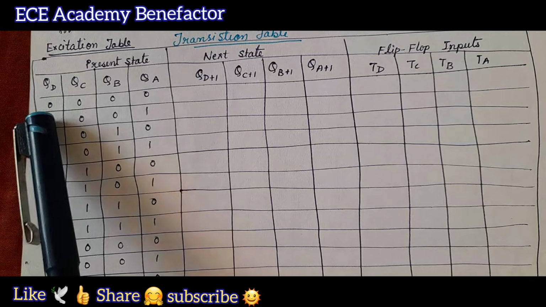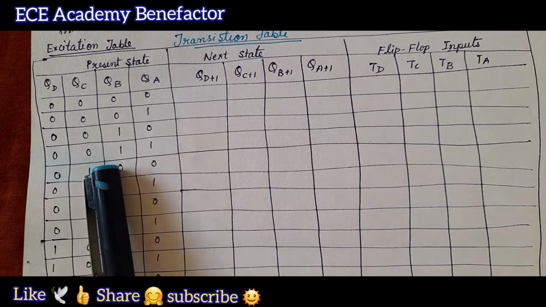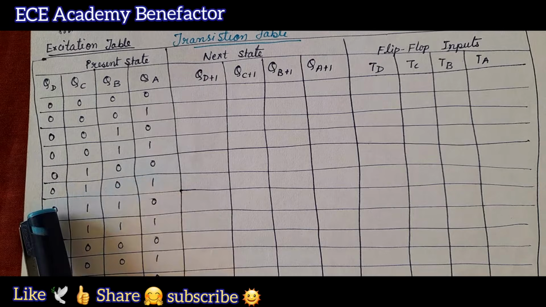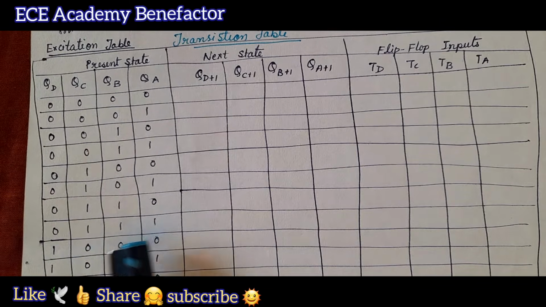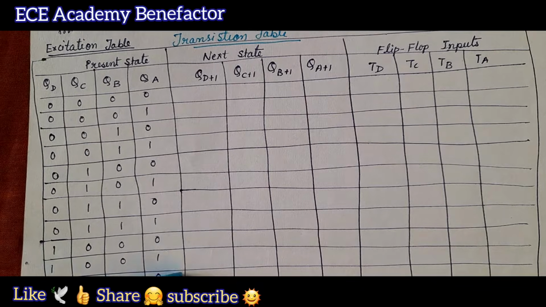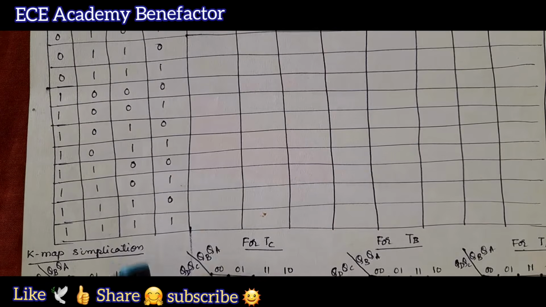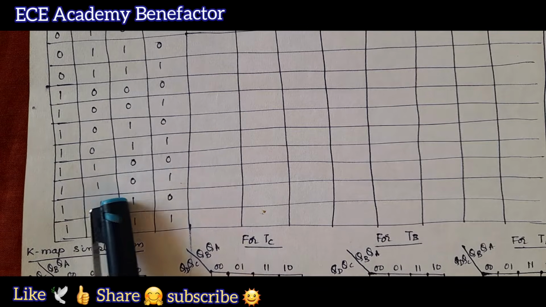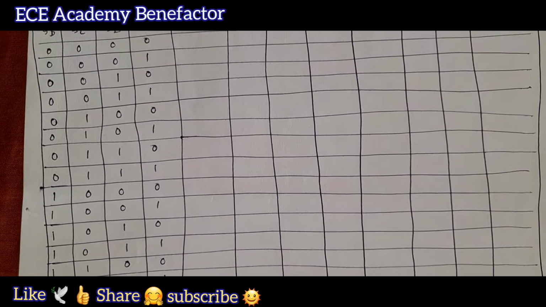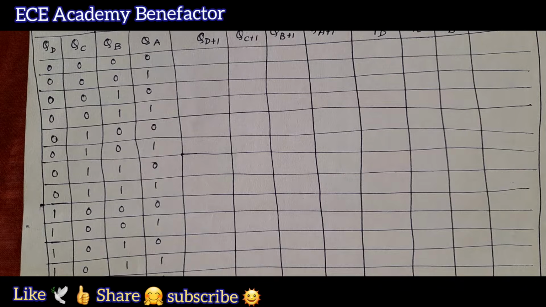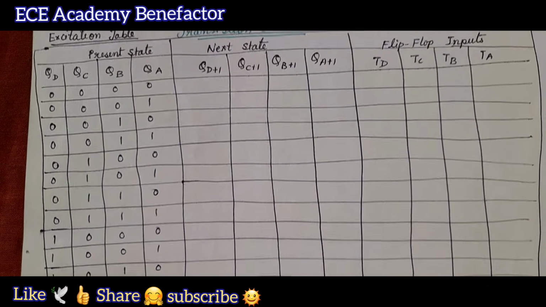So, that is written here: 0000, 0001, 0010, 0011, 0100, 0101, 0110, 0111, 1000, 1001, 1010, 1011, 1100, 1101, 1110 and all ones. So, we have written all the total 16 binary combinations here, starting from 0000 till 1111.